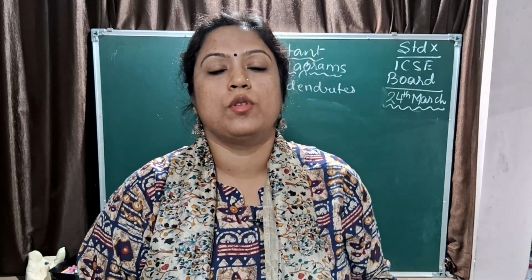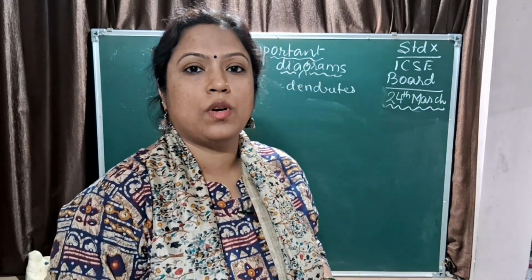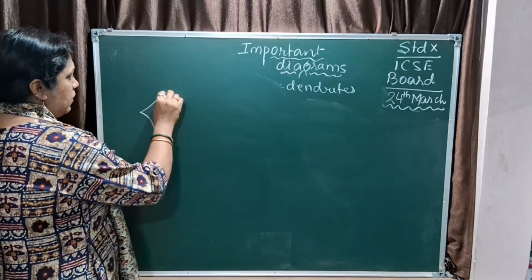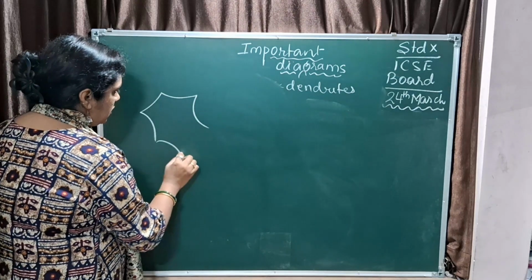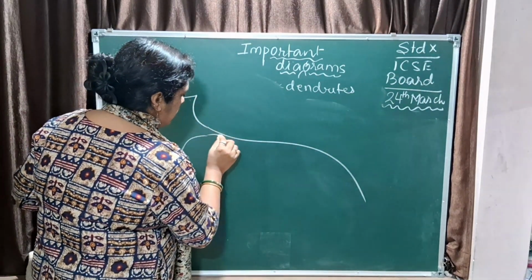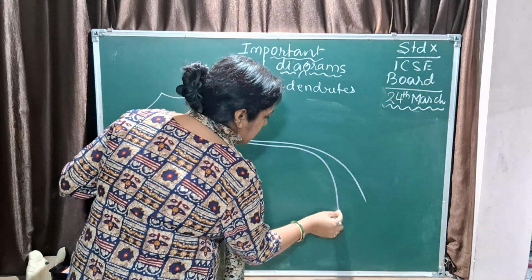In the nervous system, the most important diagram is the diagram of a neuron that we have been drawing since standard 6, right? You all know what is a neuron? Neuron is the structural and functional unit of the nervous system. So how to draw the neuron? First make this kind of structure and extend it to a long tail like thing.